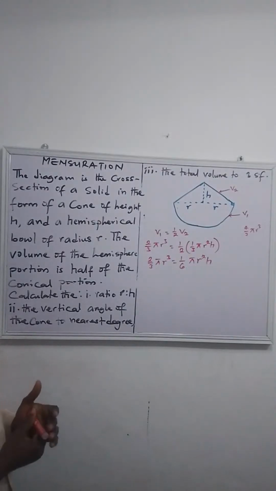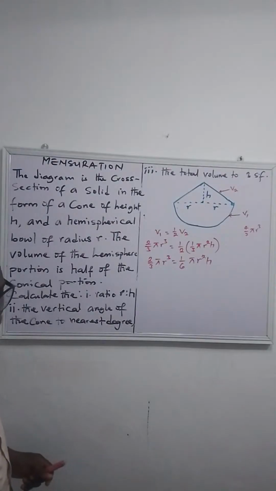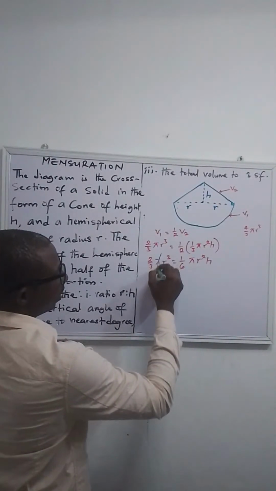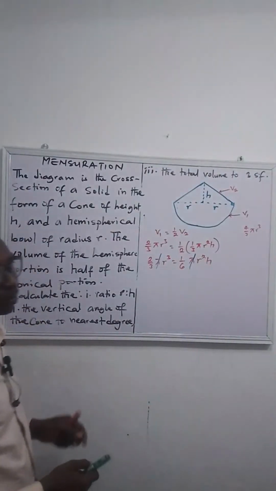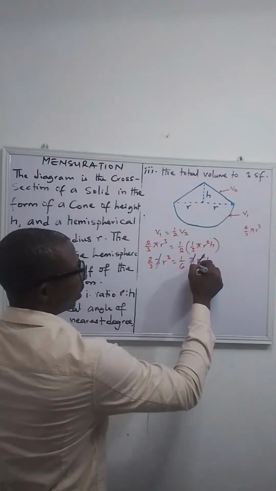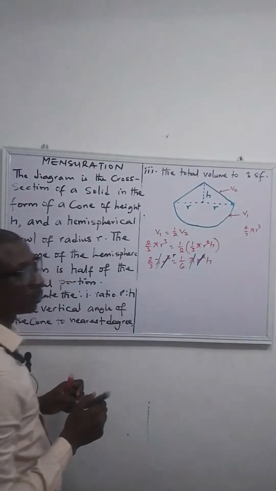So now what do we do? Can I divide both sides by pi? So divide both sides by pi. So this one cancels this out. Now let me divide both sides by R squared. Divide this by R squared, that's 1. Divide this by R squared, you have R here.